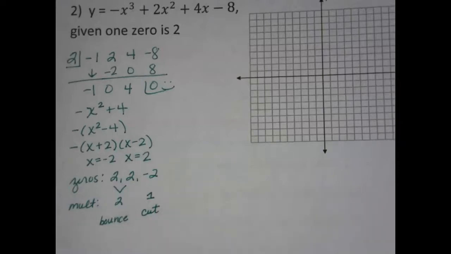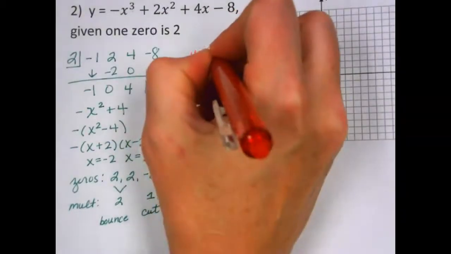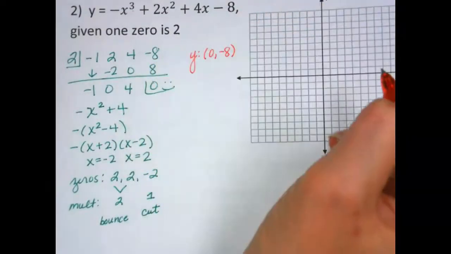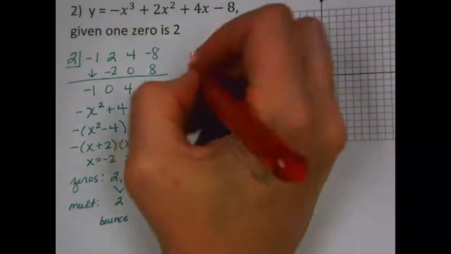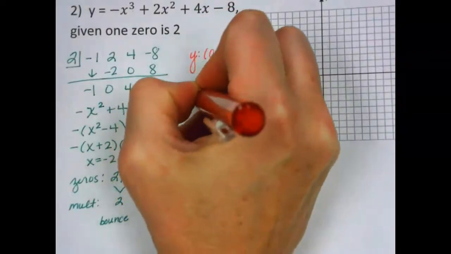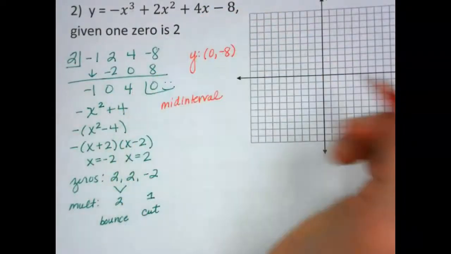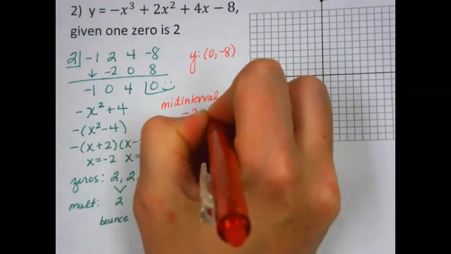All right, so we did our zeros and our multiplicity. Now we need to do our y-intercept. Put 0 in for our x's, and we get negative 8. And then we want to find our mid-interval. Now remember, when you do mid-intervals, they need to be lined up from least to greatest. So negative 2, 2.